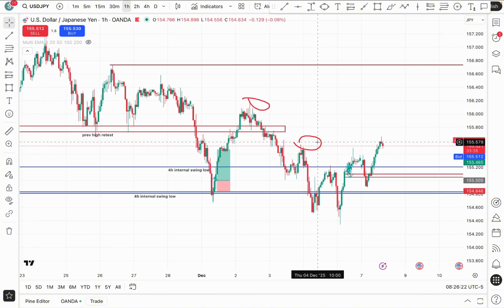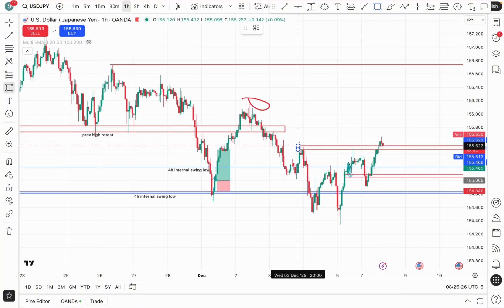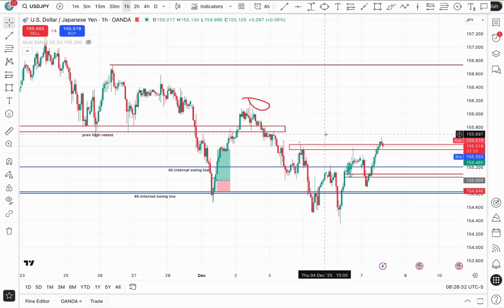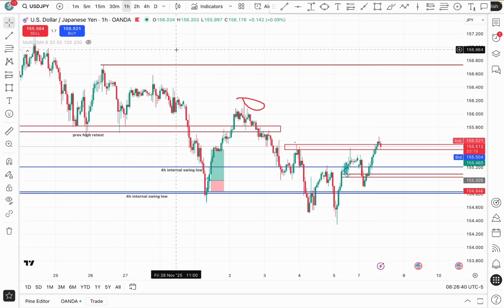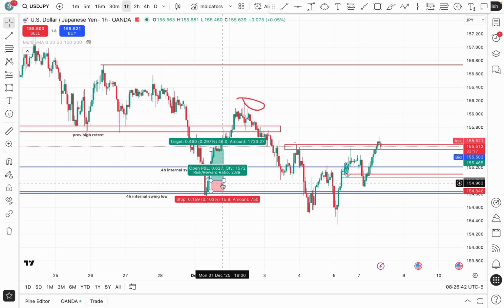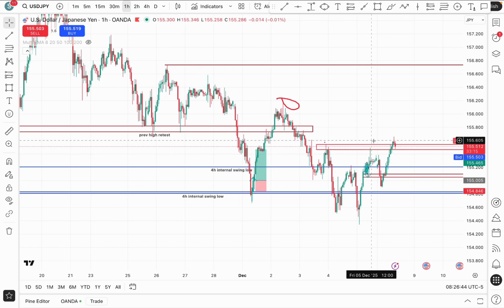So right now we broke this high right here, and we can still pull back on the 1 hour, but that just lines up with the buy that I want to take on the lower time frame.